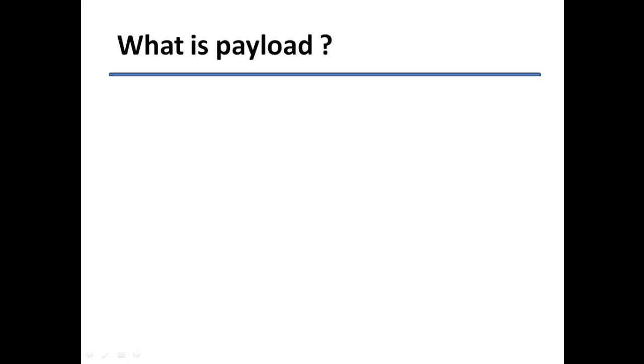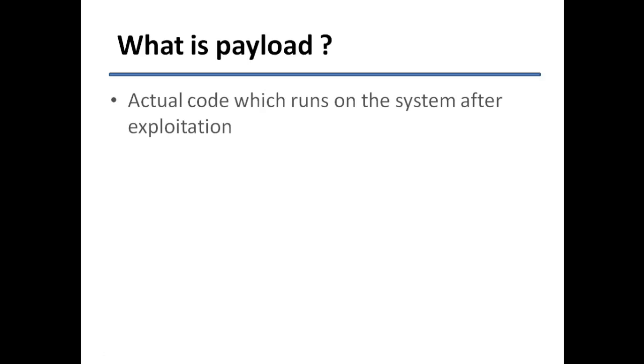What is a payload? Well, a payload is an actual code which runs on the system after exploitation. This is a very important thing. For example, if you want to hack a remote computer and that person is living in America and you are living in Asian countries or in other countries far away from that person, how could you use Metasploit framework to hack that person? Well, that is extremely easy.